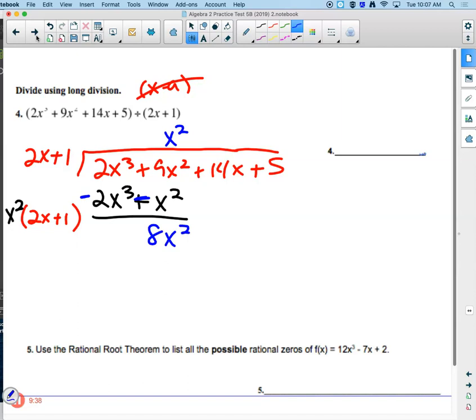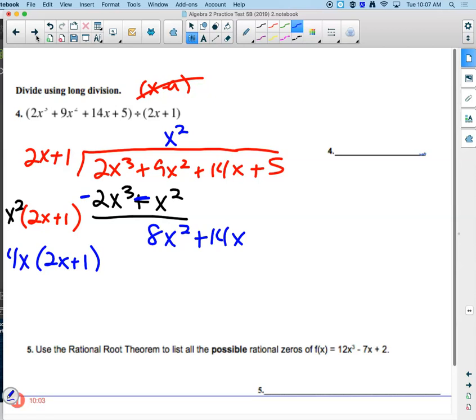9x squared minus x squared is 8x squared. Then I bring down the next term. And we start over. Like so. What will we need this time to make it work? Good, a 4 and an x, because we need 8x squared. Again, focus is only on the first term.